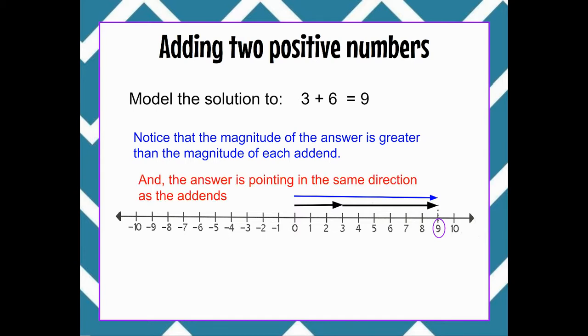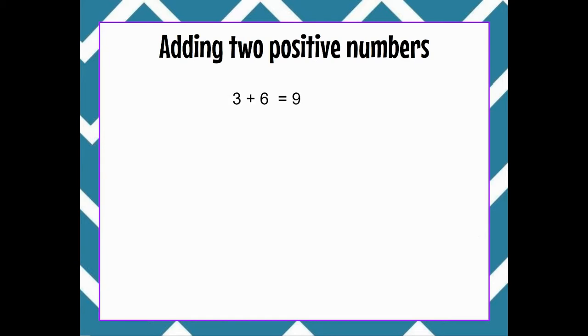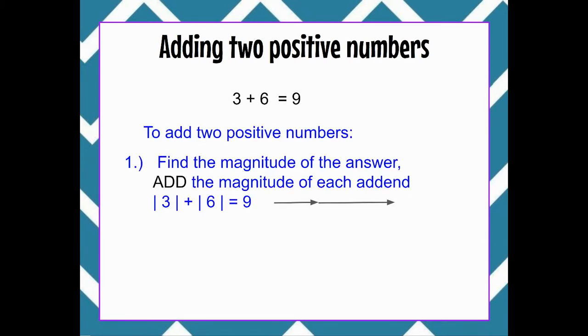Also, the two arrows are pointing the same direction, which means the answer and the addends all have the same sign. So when adding two positive numbers, you find the magnitude of the answer by adding the magnitude of each addend, which means add the absolute values of my addends to find out how long the arrow is for my answer.